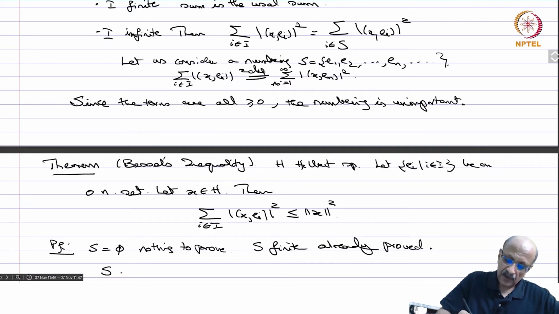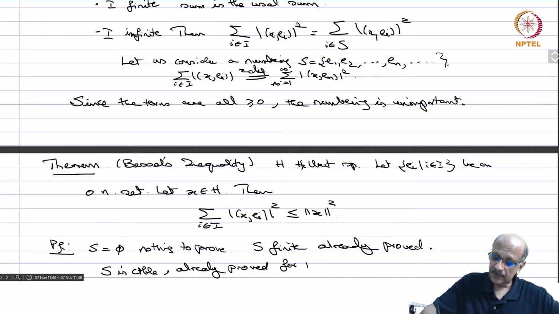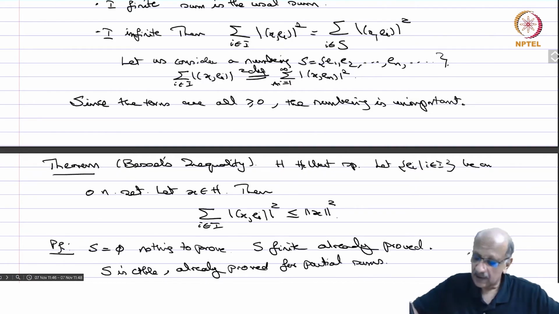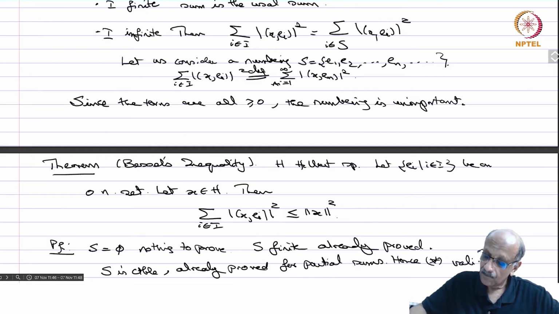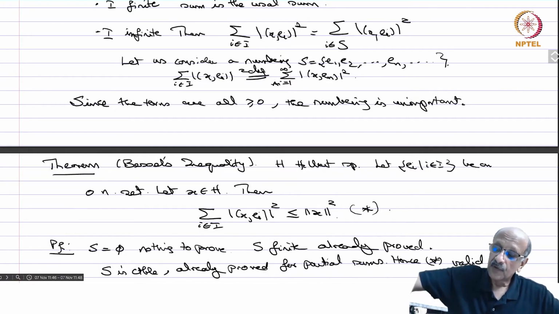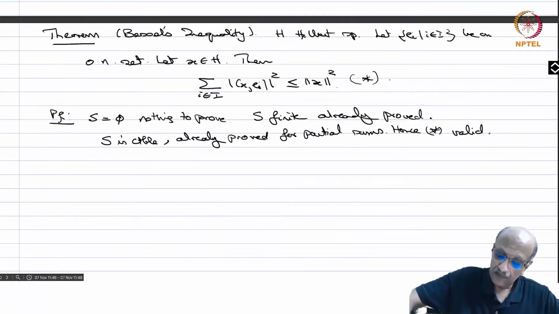So S is countable, that's the only third possibility, because that's how you define the infinite sum, and then already proved for partial sums, because that's the finite case which we have done, hence star is true. So this is true, and therefore we have proved Bessel's inequality completely.